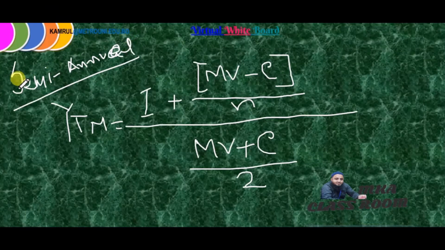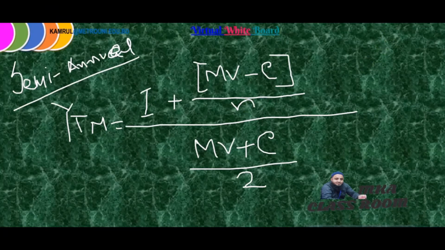So this formula we can easily convert to the semi-annual YTM. Sometimes we have to calculate it as semi-annual. So there should be I divided by 2 and N into 2.